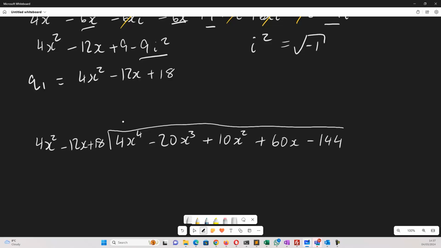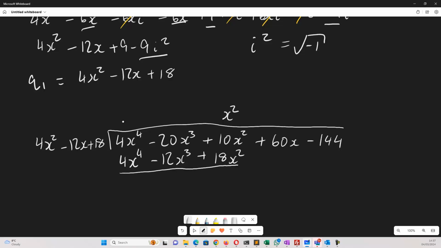So the first question is, what do we have to do to 4x squared to get 4x to the power of 4? And the answer is multiply by x squared. So we're going to get x squared, and we're going to multiply each of these terms by x squared. So that will give us 4x to the power of 4 minus 12x cubed plus 18x squared.